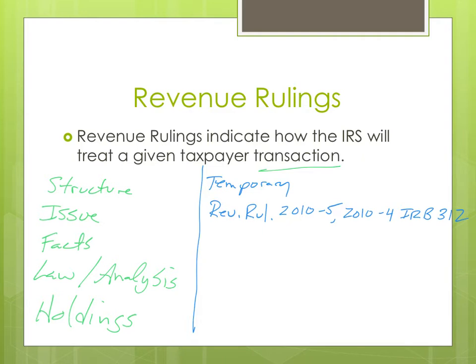And so there are, again, lots of numbers, and each of these numbers mean different things. So this is the year, okay? This is the number of the ruling in the year.